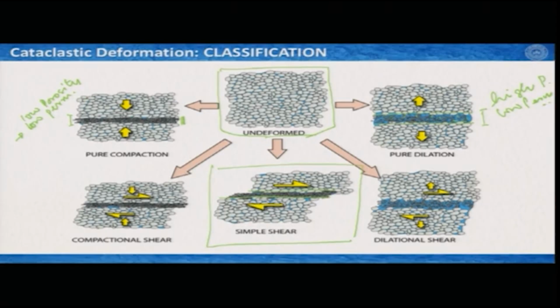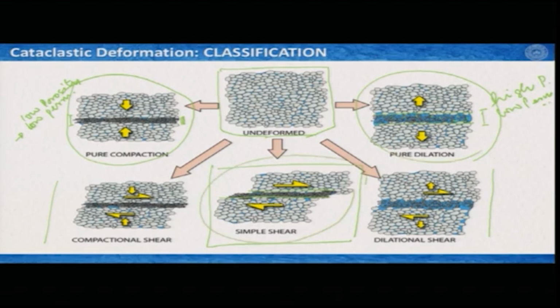Now, if compaction and simple shear combine together, then you have something called compactional shear, and if simple shear and dilation combine together, then what you get is dilational shear. So, these are the 5 end members, or I would say these 3 are the end members: pure compaction, pure dilation and simple shear, and any combination between them can happen.